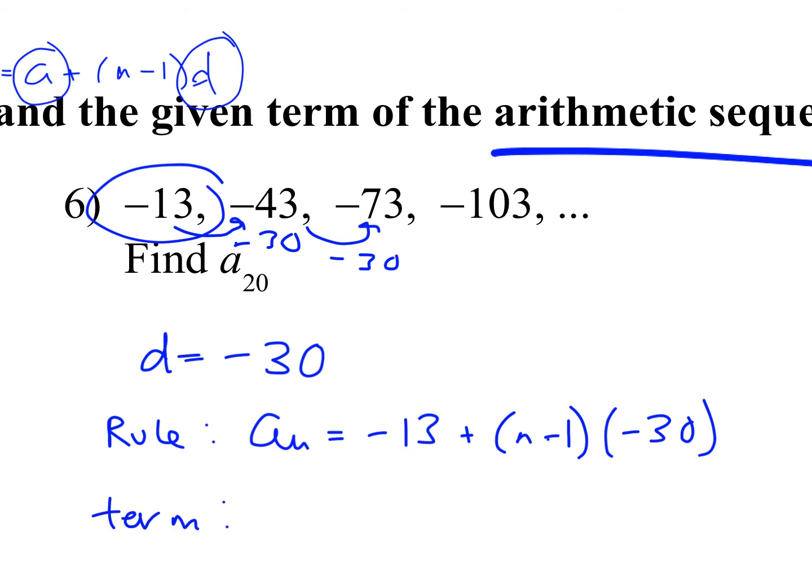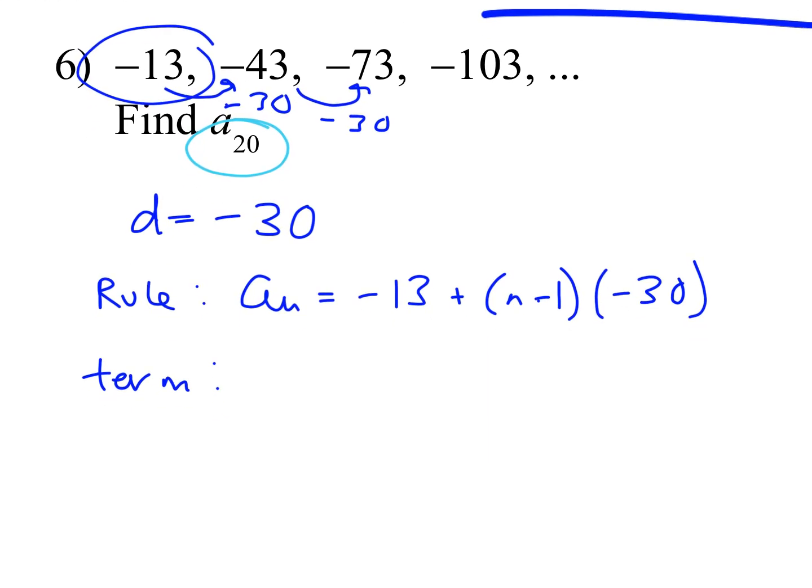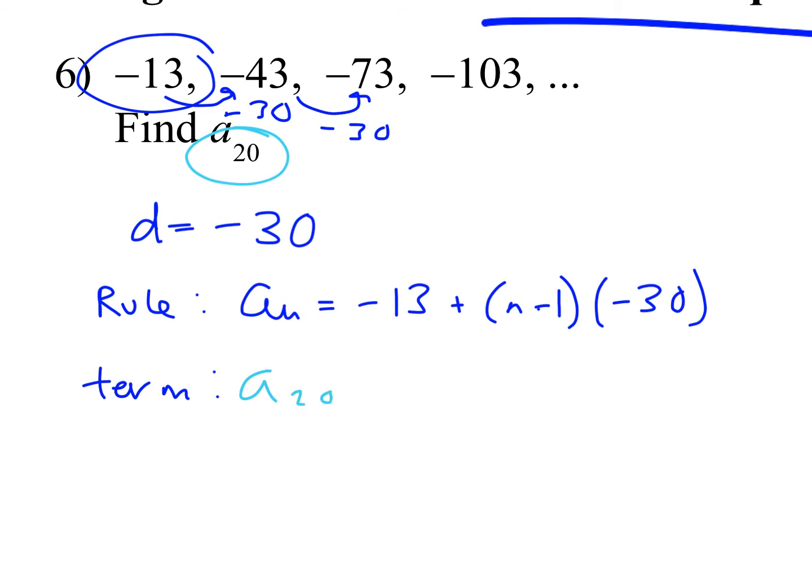So for the term, we just plug in what it tells us to for n. So here we have to plug in 20. So a sub 20 is equal to -13 plus n minus 1 times -30. Oops, and we said we're going to plug in 20 for n.